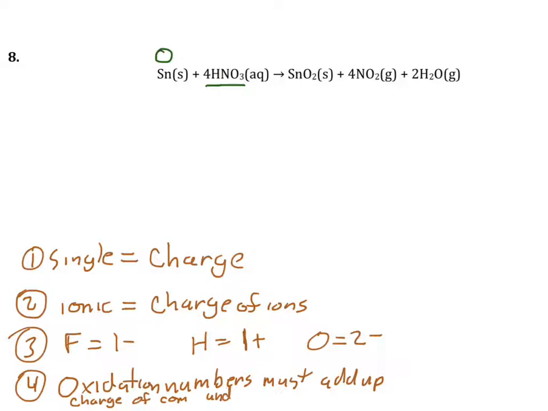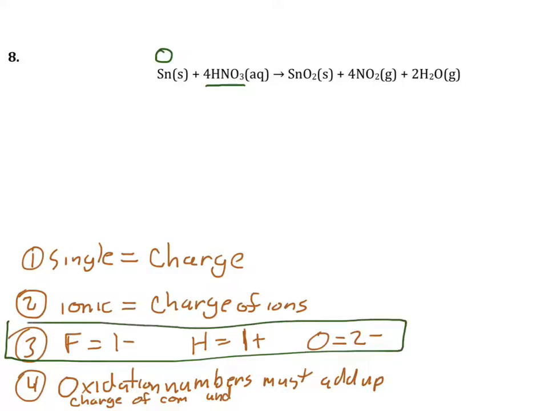Now this right here, if you take a look, this has 3 elements. We're going to assign hydrogen a 1 positive, and then you assign oxygen a 2 negative, because according to rule number 3 that's what you do. And then we're going to solve for X. Now when we set this up, you do not need to consider this coefficient when you are solving for this.